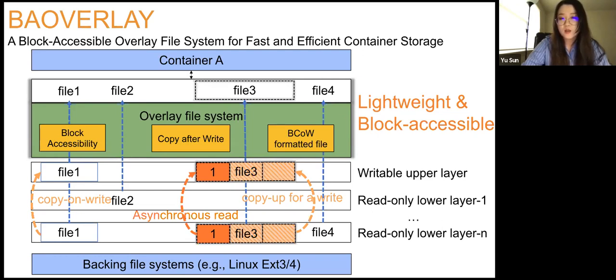This division allows BA overlay to hide the latency of the read operation from the applications, which only wait for the completion of the write, so the writing is very fast. Last, BA overlay provides a new file format, bcopy and write, for compactly storing overlay files to save storage space. So let's see the next slide.